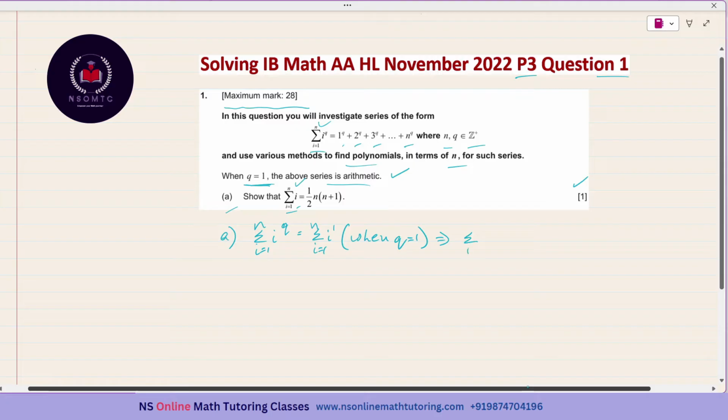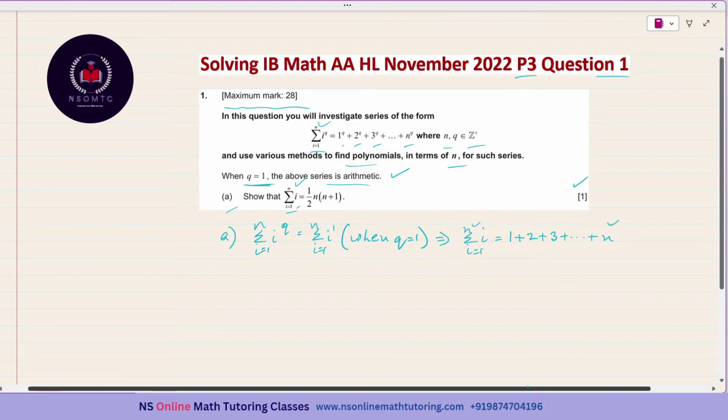So this is sigma i equal to 1 to n, i. When i is equal to 1, it will be 1. And sigma means summation. When i is equal to 2, it is plus 2. i is equal to 3, plus 3. And so on. The last value of i is n. So it will be plus n.